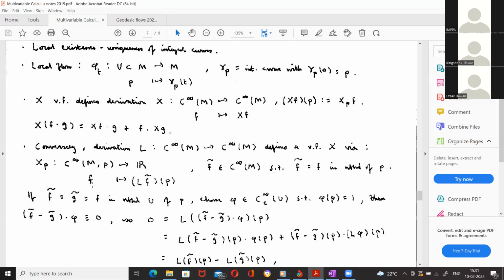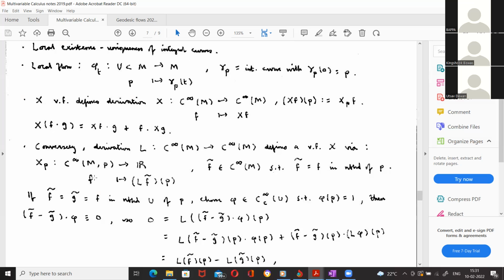What does it do? Well, I take a germ of smooth function f. Then I can extend that by multiplying by a suitable bump function, which is 1 in a neighborhood of p and say 0 outside a neighborhood of p.